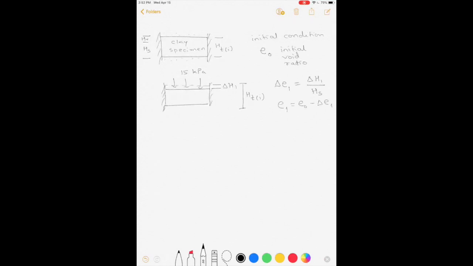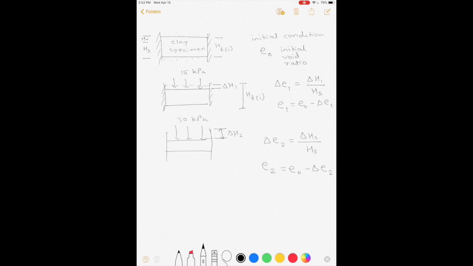Then we are going to increase the stress to 30 kPa, which is going to have a total change in height of delta H2. So delta E2 is going to be delta H2 divided by the height of solids, and E2 can be calculated as E0 minus delta E2.